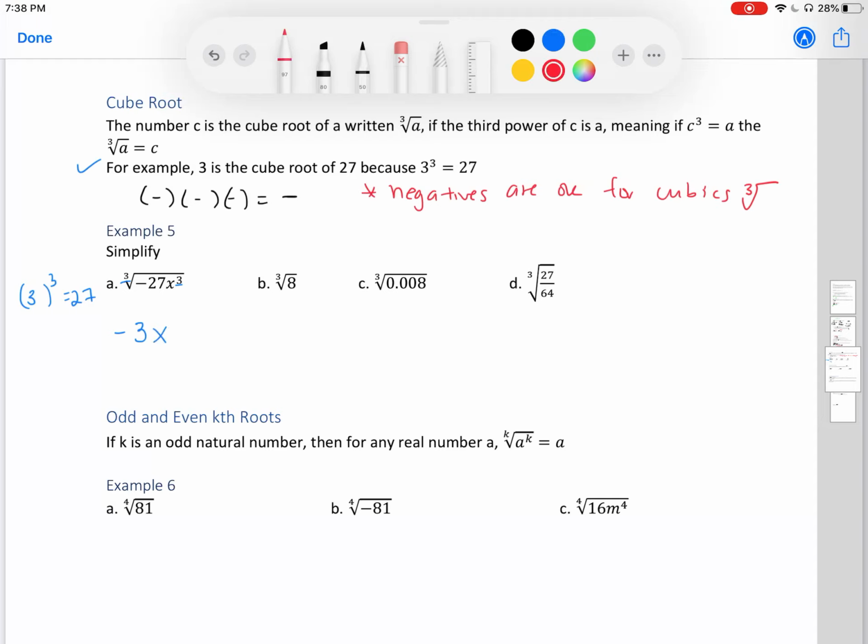I can work with negatives and cubics. I put absolute values whenever I have a variable.